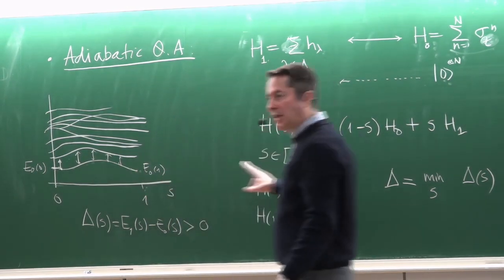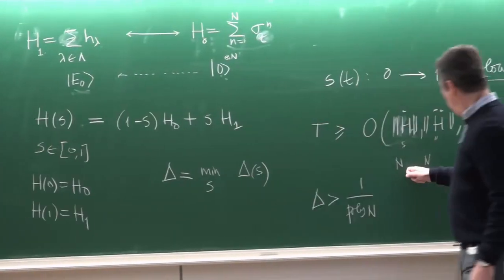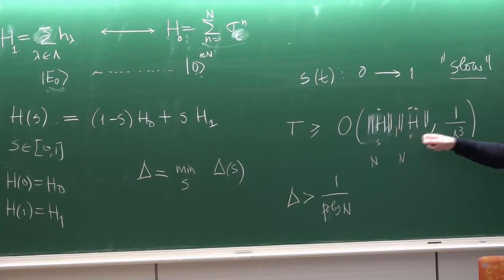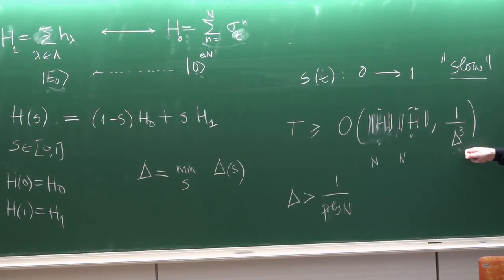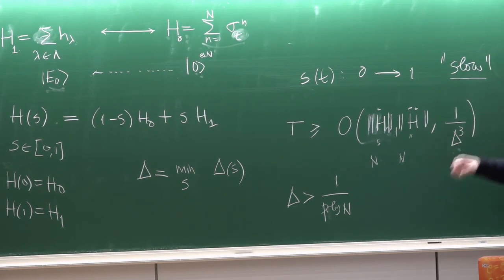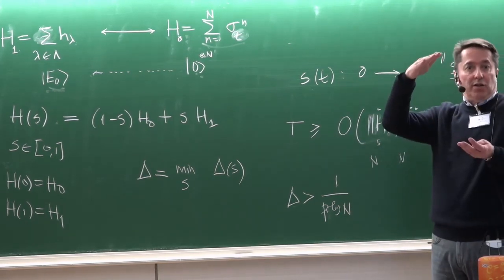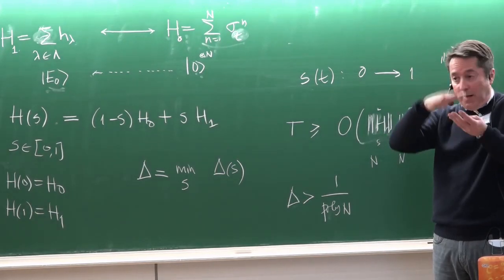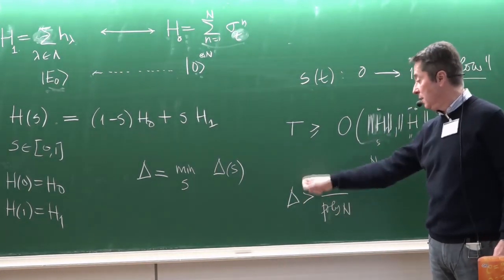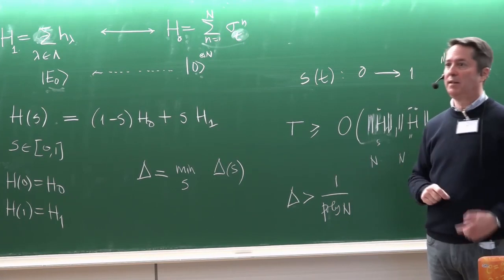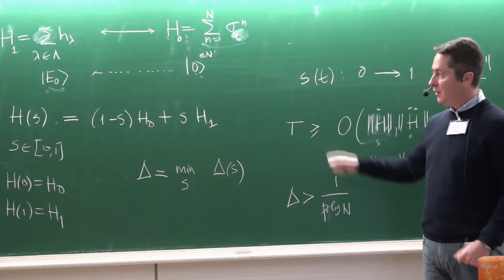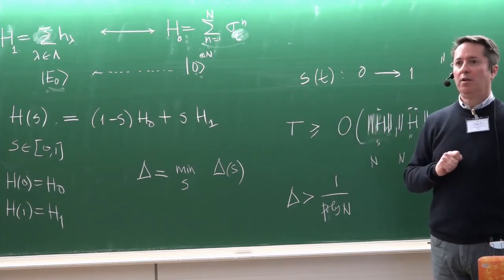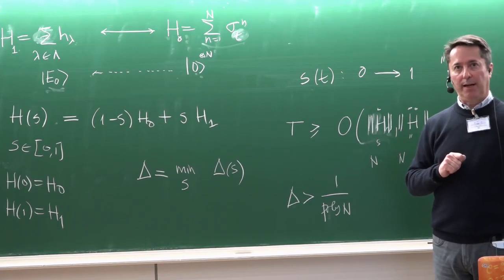The time scales like something polynomial in n, and 1 divided by this gap to the cube. And so as long as the gap, which may change as a function of n, doesn't close too fast, so it closes at most as 1 divided by poly n, then this will prepare your ground state in polynomial time.